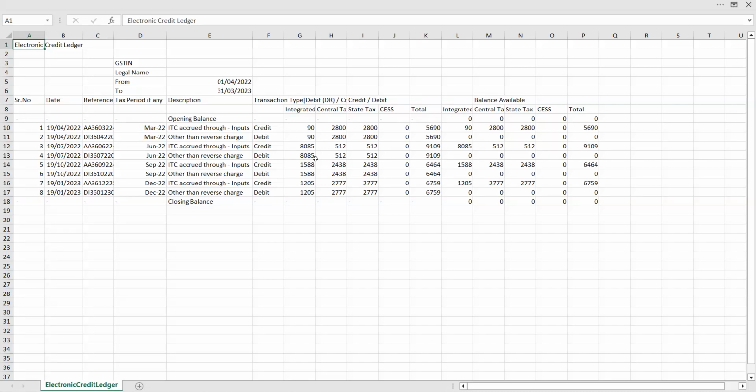Now I will show you the Tally entry. Maybe I have to share my full screen, then it will be easy to shuffle between the screens.